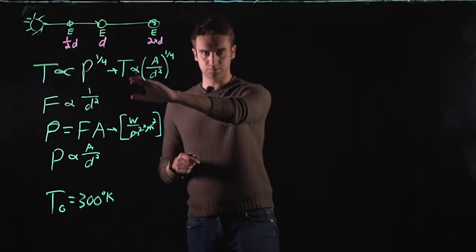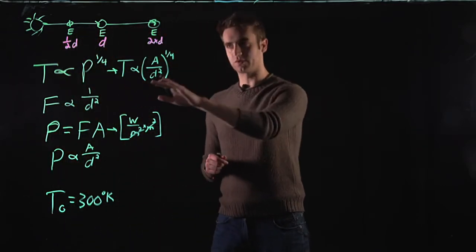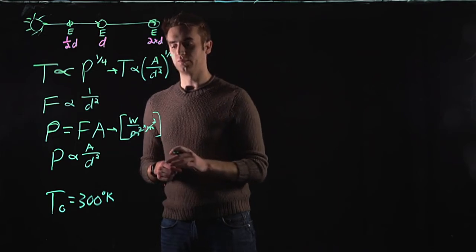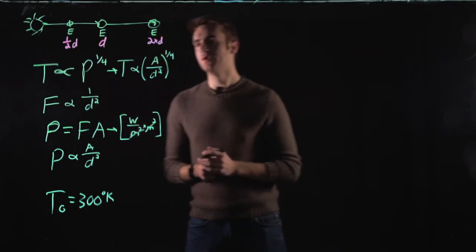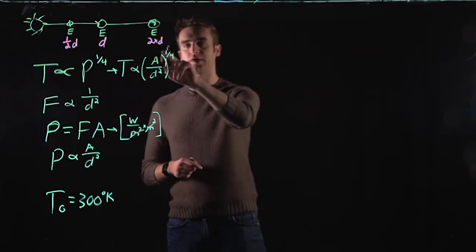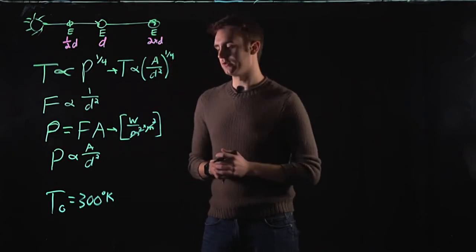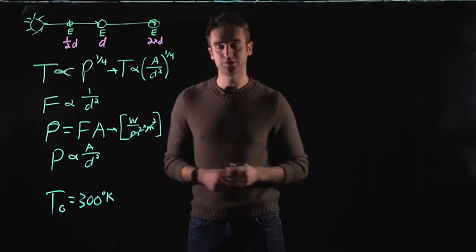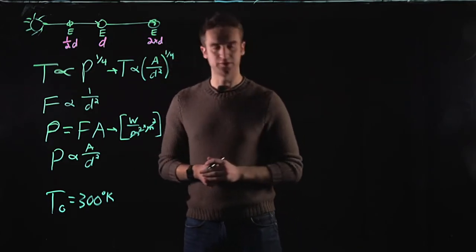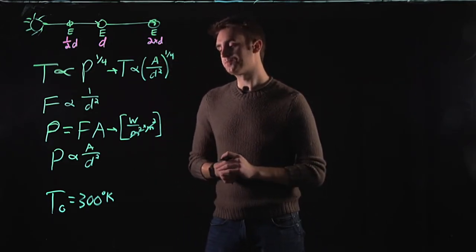Moreover, this proportionality applies to the Earth at its current radial distance. So let's work with, for example, 2 times d. How do we get an equation that we can use to compute the surface temperature of the Earth at twice the radial distance that it currently exists at?